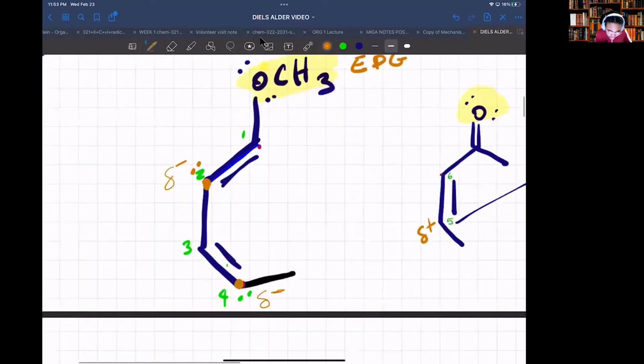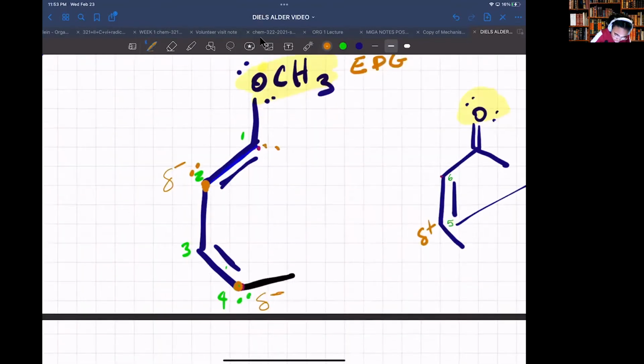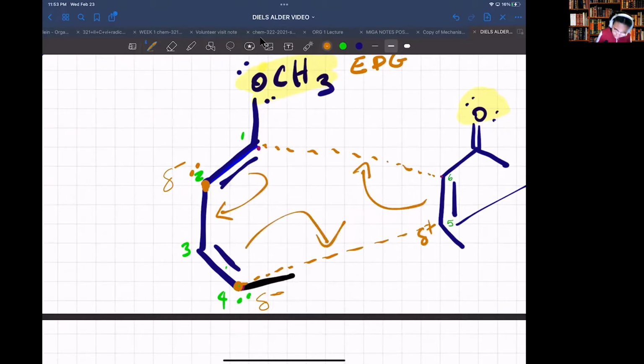When I say carbon of interest, I mean the one that will really contribute in closing that ring, right? To do this mechanism. Carbon 5 has a partial positive charge, while carbon 4 has a partial negative charge.